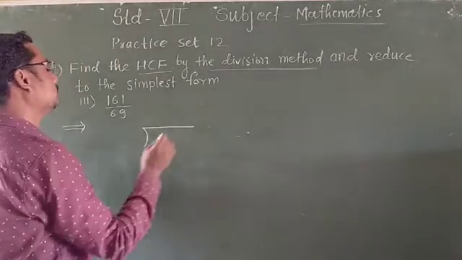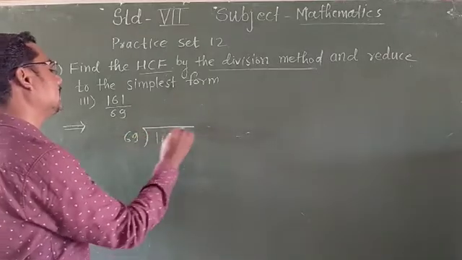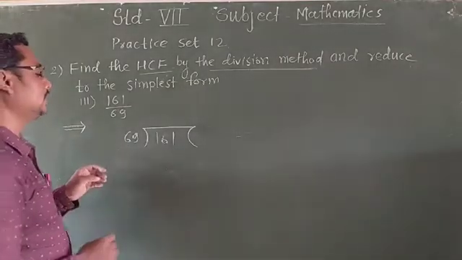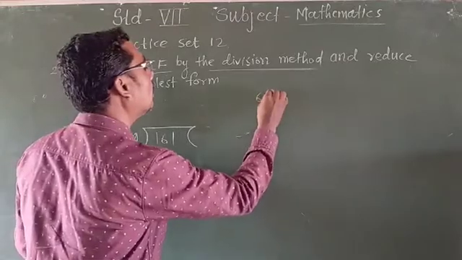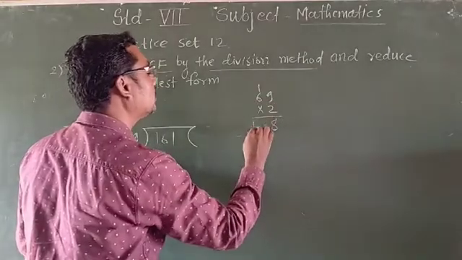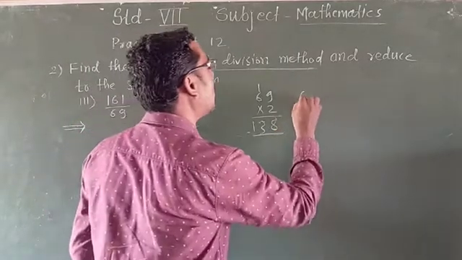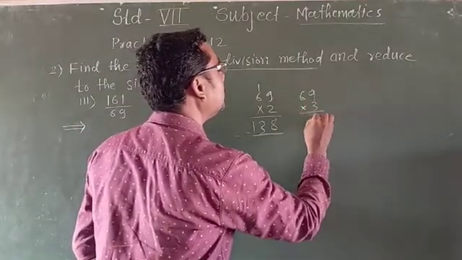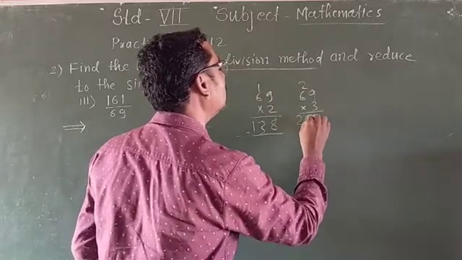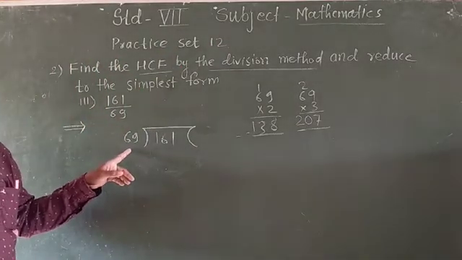So what we get here? We have 161 and 69. Okay. So 69 2s are, 2 9s are 18, carry 1, 2 6s are 12, plus 1 is 13, so 138. 69 3s are, 3 9s are 27, carry 2, 3 6s are 18, plus 2 is 20, so 207. Okay.